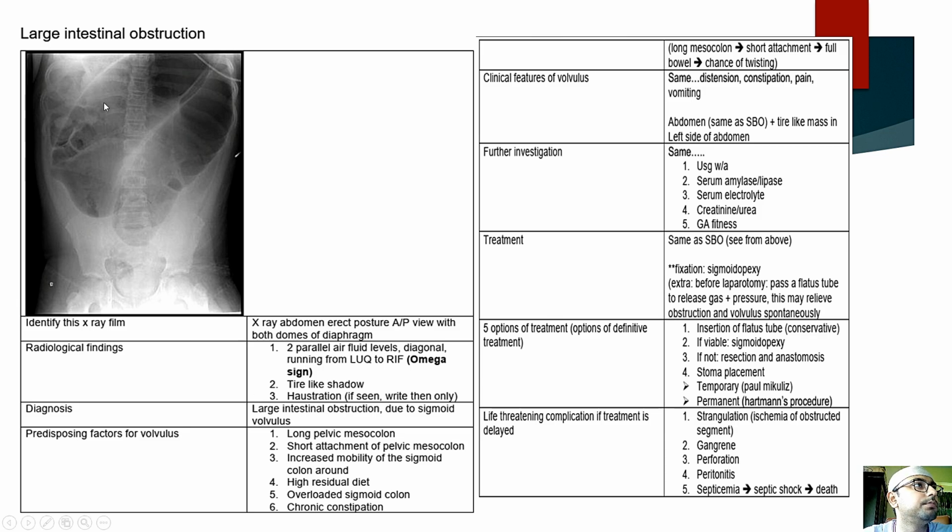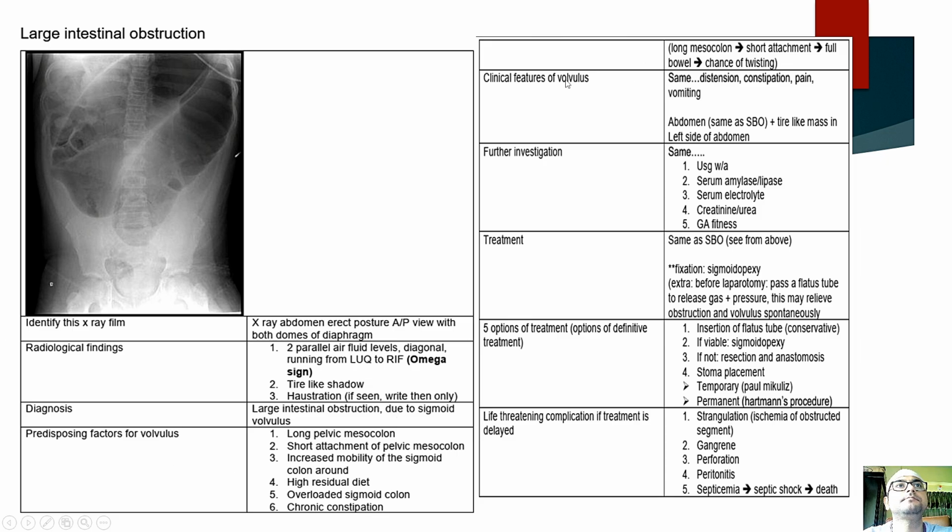Then a long pelvic mesocolon with short attachment, increased mobility of the sigmoid colon, and a high residual diet like fast food, a low fiber diet. Also an overloaded colon: a huge meal and tightly packed meal can cause a long-term overloaded sigmoid colon, and also chronic constipation in elderly patients.